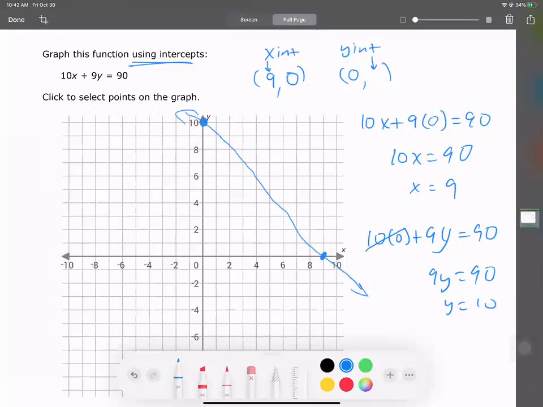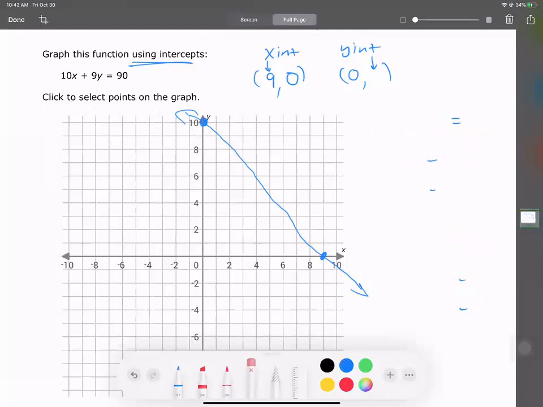Now, here is my fast way of solving this. I want you guys to try this. The idea of doing intercepts is that we're blocking off the other guy, because he's going to be 0 anyways. Do you guys all have a thumb? Most of you guys have a thumb, right?